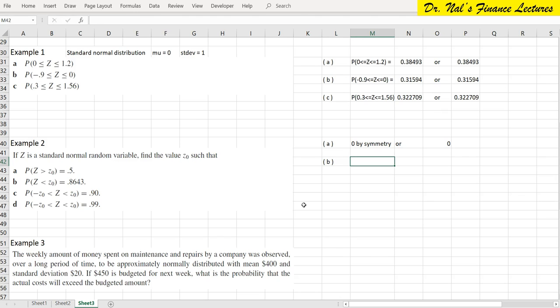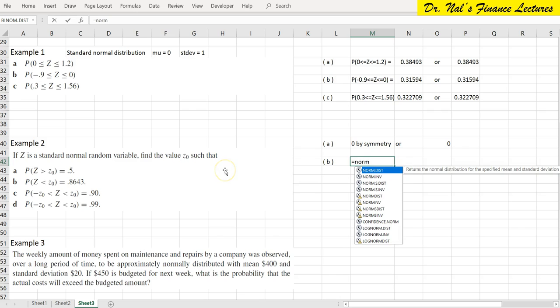So let me just keep going. For instance, this one: the area to the left of this number is 86%. What is that number? Do you want to use NORM.S.INV or NORM.INV, right? Either way would have worked. Okay, let's solve this one in both ways.